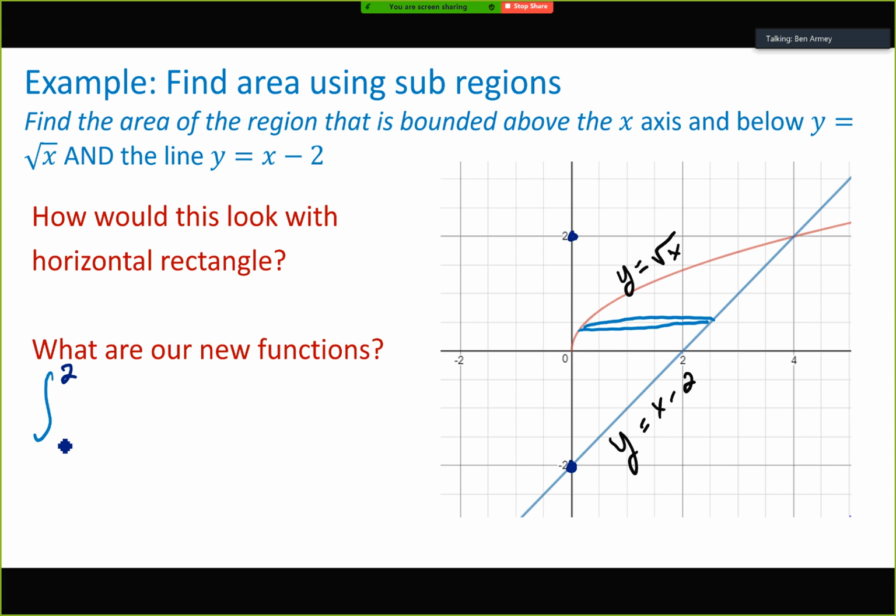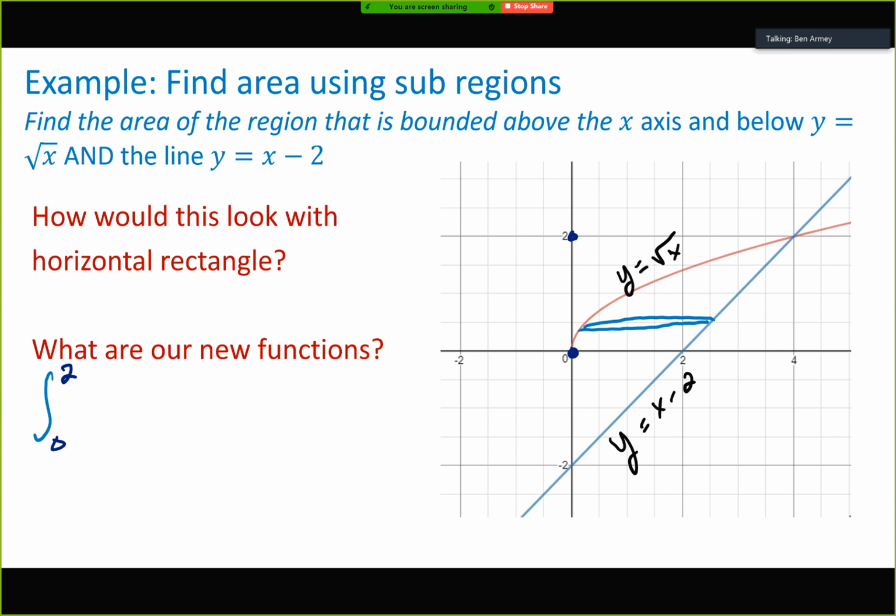We want to go from 0 because we're just trying to find that area above the x-axis. So take that back. It's 0 to 2. We're only working up here. Now there's nothing standing in our way of all of these horizontal rectangles. We can go from the x-axis all the way up to the red curve. There's nothing in our way. On the right, it's bound by the blue line.